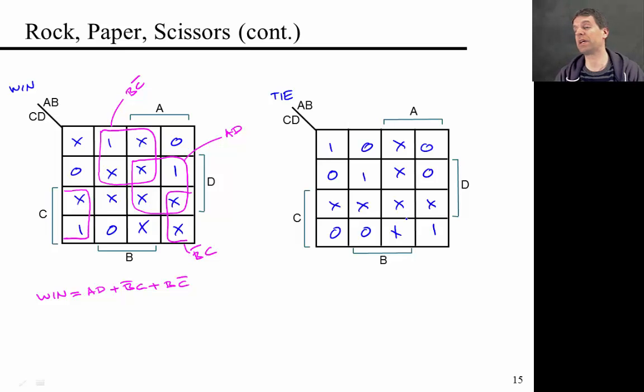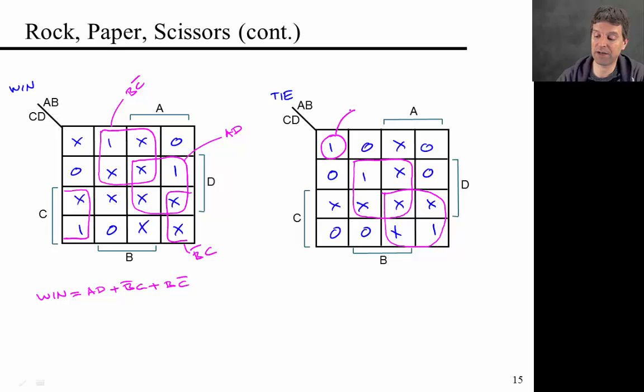And so again, you get to pick your x's any way you want. Well, you can start with this one here. There's really nothing you can do. It's just surrounded by zeros on all sides. On the other hand, this one here, you can make a 2 by 2 circle to cover it. Similarly, this one here. And I think that's all there is.